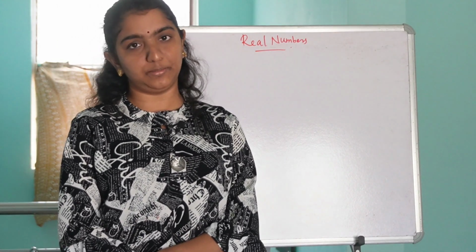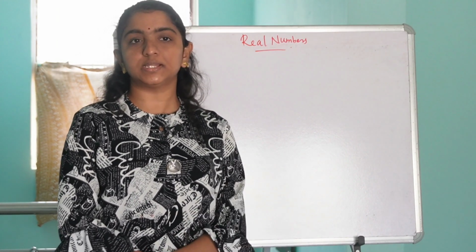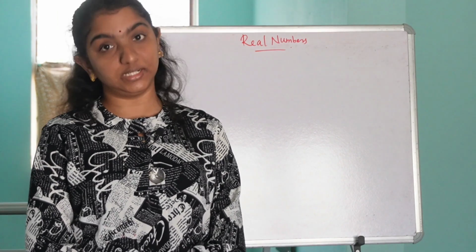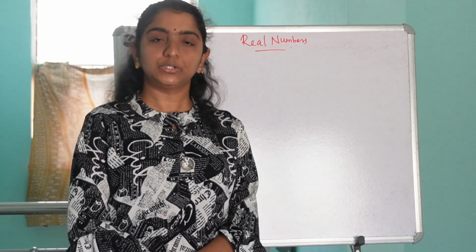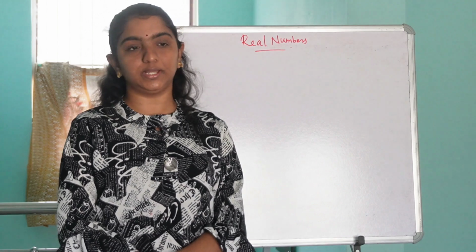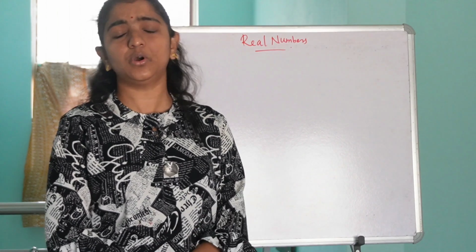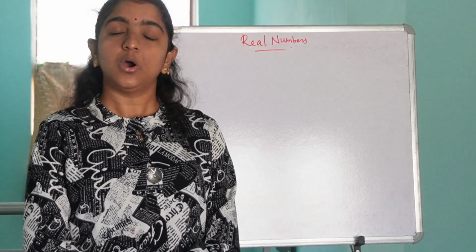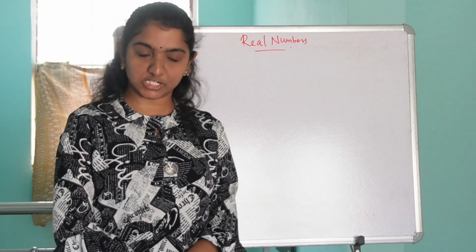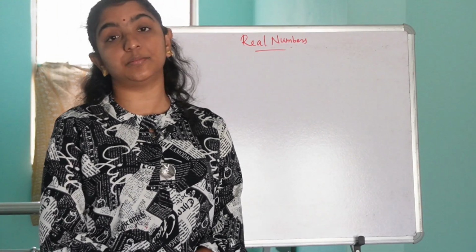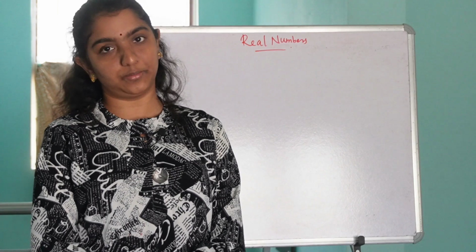The given number is a rational number because it is an integer. I told you earlier, only some decimal numbers are rational numbers and some other decimal numbers are irrational numbers, isn't it?